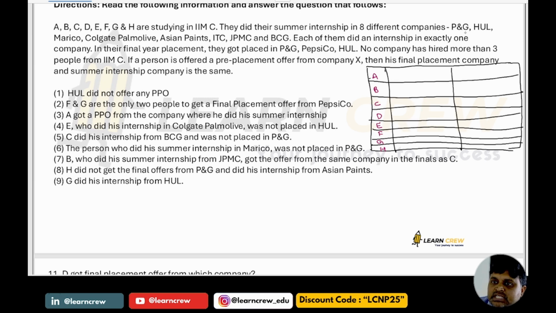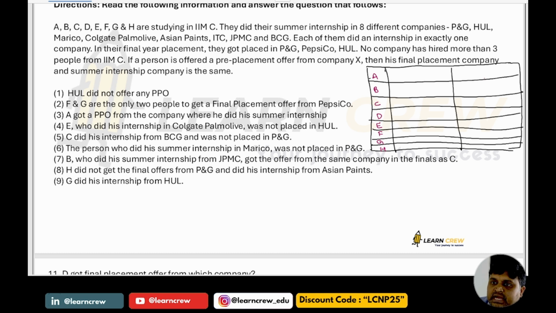As we already said, P&G, HUL, Marico, Colgate Palmolive, Asian Paints, ITC, JPMC and BCG, they did internships in different companies. Each of them did an internship in exactly one company. So person, internship and finally where they are offered.